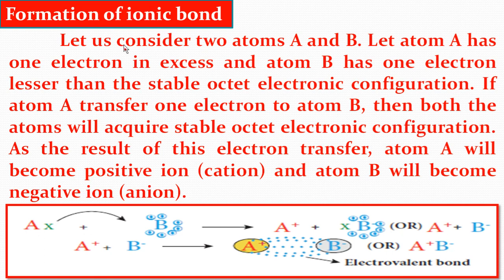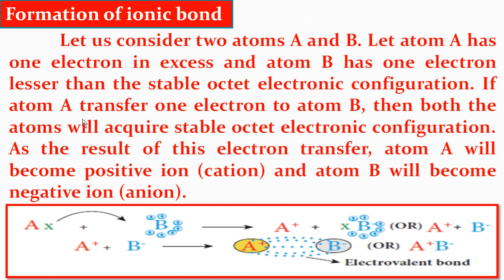So, come to the explanation. Consider the two atoms A and B. Atom A has one electron in excess. Atom B has one electron less than the stable octet. Octet means 8 electrons in the outermost shell electronic configuration.